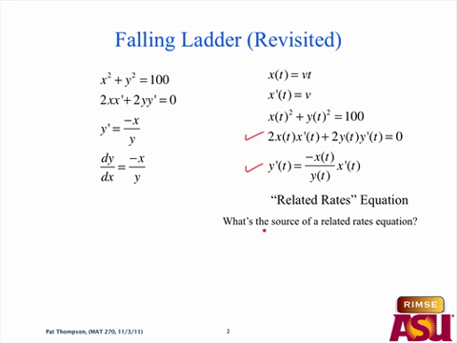Did this come from this? Is that where we got it? Yeah, right? So the moral is, if we're relating the rates of two quantities, in order to get that equation, we need the equation of the original quantities, how those are related.